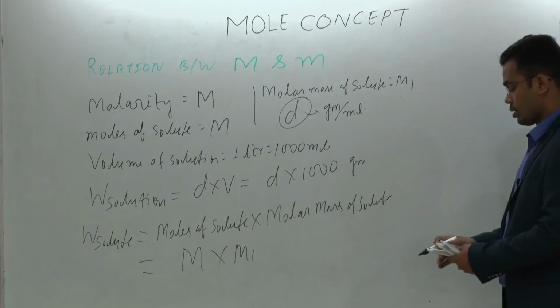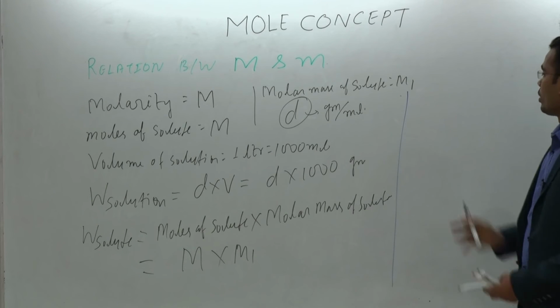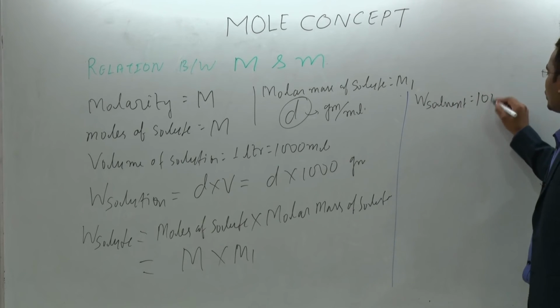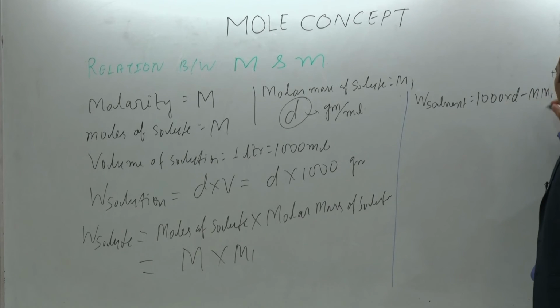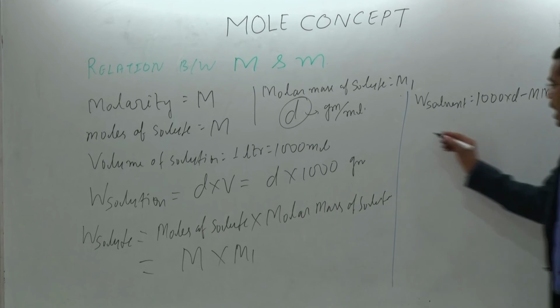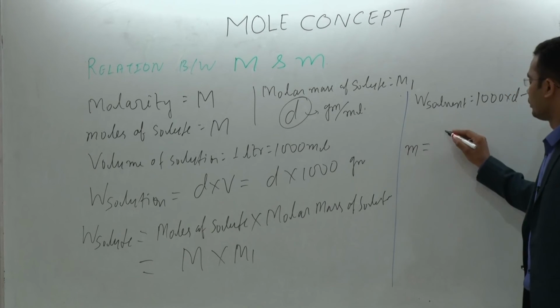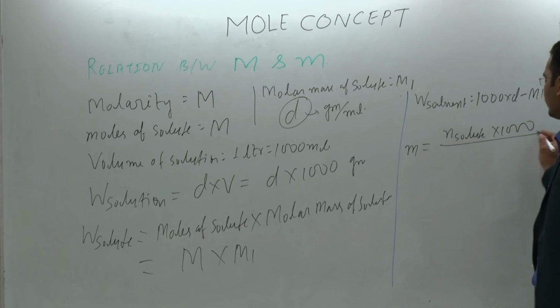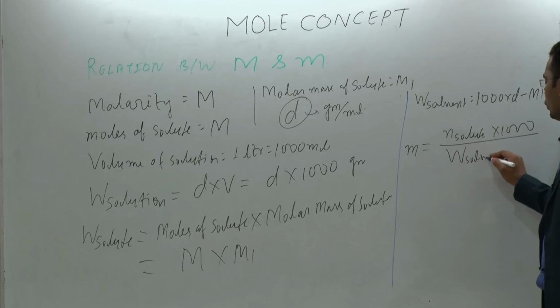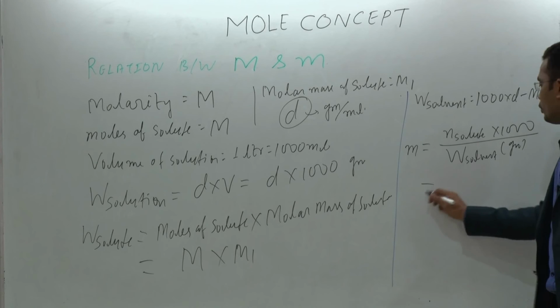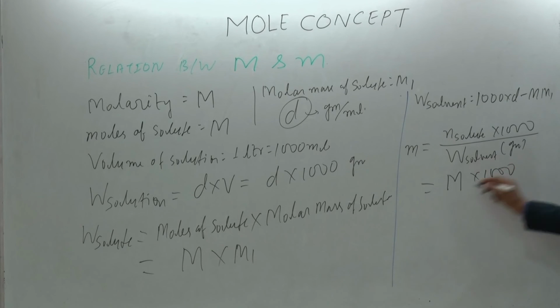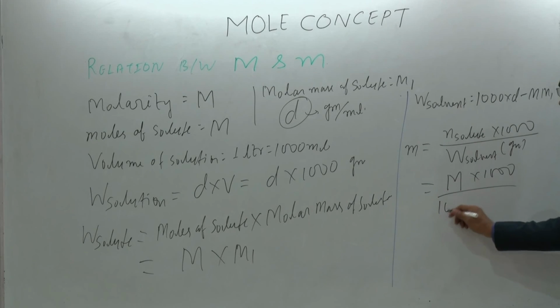Now the weight of solvent is 1000 D minus M1, and molality will be moles of solute into 1000 divided by weight of solvent in gram, which is equal to, moles of solute is capital M from here, and into 1000 divided by weight of solvent, how much? 1000 D minus M1.